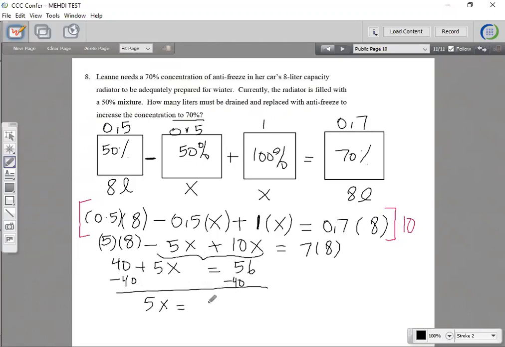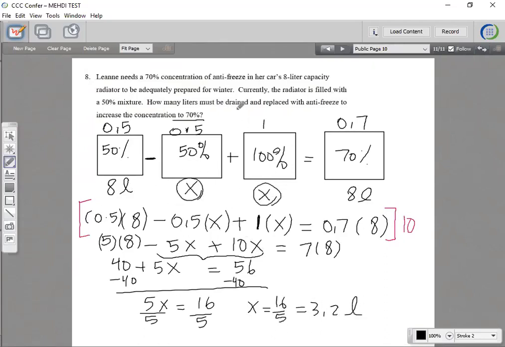What is that? 16. Divide both sides by 5. So x would be equal to 16 over 5 or 3.2. Don't forget the unit, 3.2 what? Liters, okay?